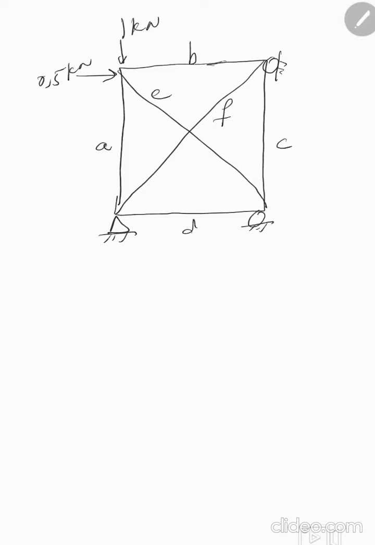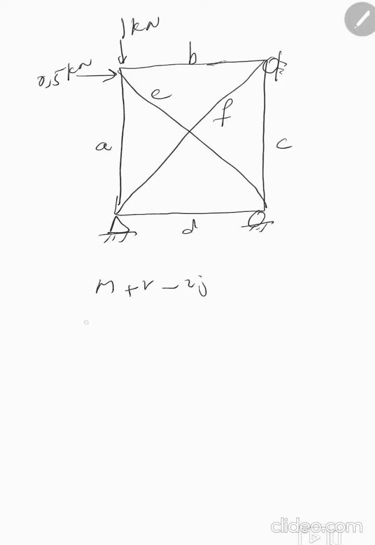If we have more than 1 degree of freedom, first of all, when you want to check the structure, whether it is determinate or indeterminate, the equation is n plus r minus 2j.